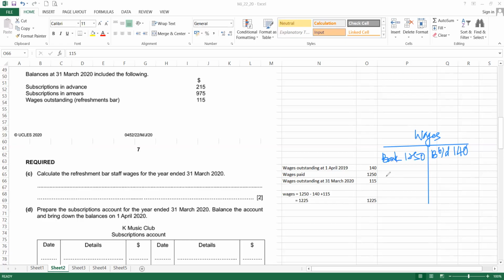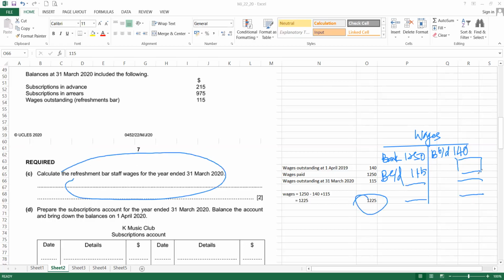And end of the year still have outstanding, which is a liability, balance carried down in the debit side. So this is the difference that we get. The question asks for the total year refreshment amount, which is taking these two minus this one, and you get 1225. And this amount will transfer to the income and expenditure account.